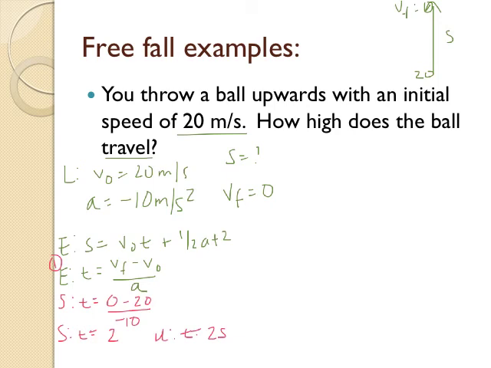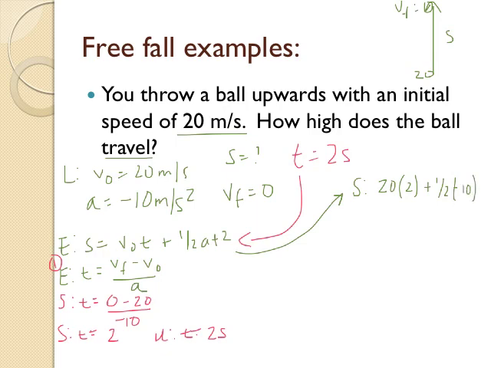Okay, so now we can add that up here. T equals 2 seconds. Now we actually have enough to use that equation. Okay, so let's finish that. Going with this equation, if we substitute in our knowns, we know our initial velocity is 20. We know it's going to take 2 seconds, plus 1/2 times negative 10 times 2 squared.